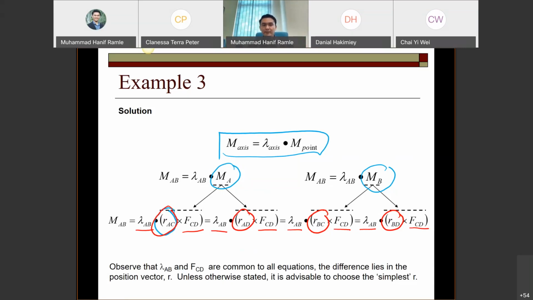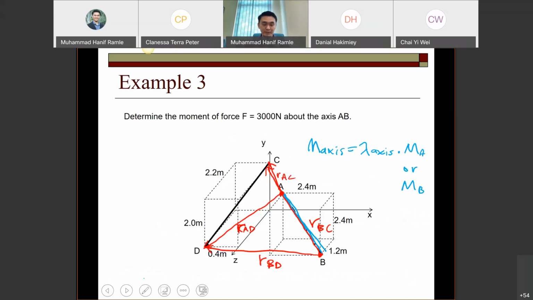The difference lies in the position vector, which is R. Unless otherwise stated, it is advisable to choose the simplest R to determine the moment. So the first thing is to determine R.